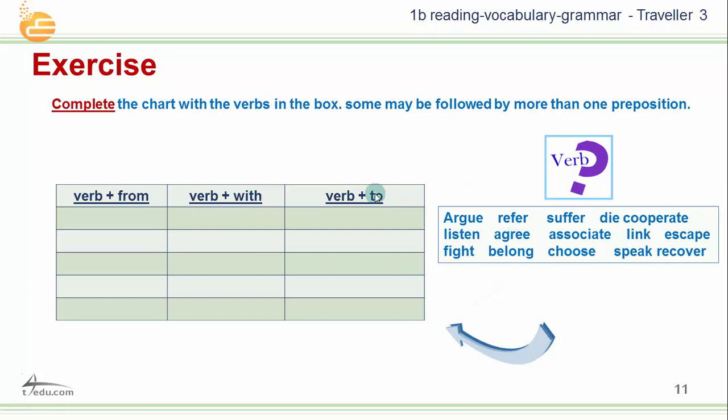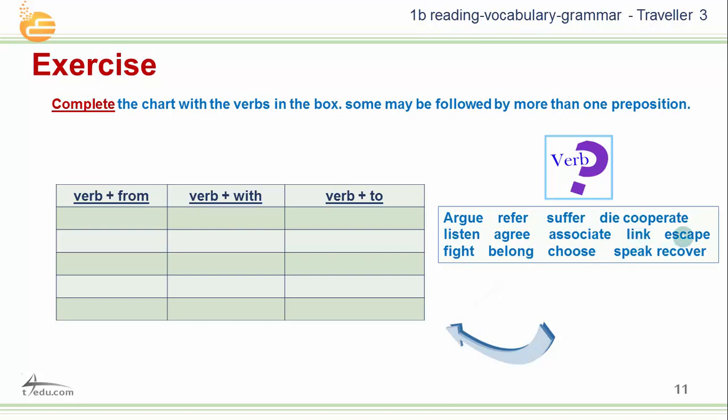And sometimes more than one can be possible. Complete the chart with the verbs in the box. Some may be followed by more than one preposition. And in the box we have argue, listen, fight, refer, agree, belong, suffer, associated, choose, die, cooperate, link, speak, escape, and recover.